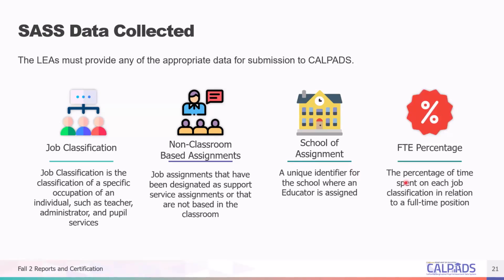We also have the FTE percentage, which stands for full-time equivalency. This indicates how much time an employee spends in each job classification relative to a full-time position. So together, these data elements give CalPADS a clear picture of staffing across schools and also help to ensure accurate reporting and compliance for Fall 2 certification.